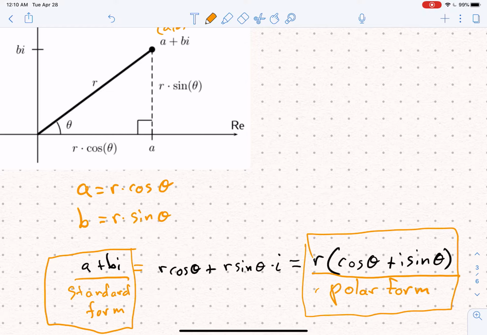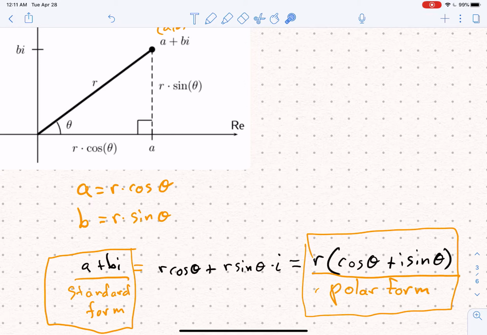Our next challenge is going to be, if I give you r and theta, that is to say, if I describe a complex number by giving you the r and the theta, giving it to you in polar form, we can convert it back into standard form by just using the two formulas here. Plug in r times cosine theta and r times sine theta, and that will find you a and b, and then just write it as a plus b times I. Okay. That's how we would convert from the r's and thetas from polar form into the standard form.